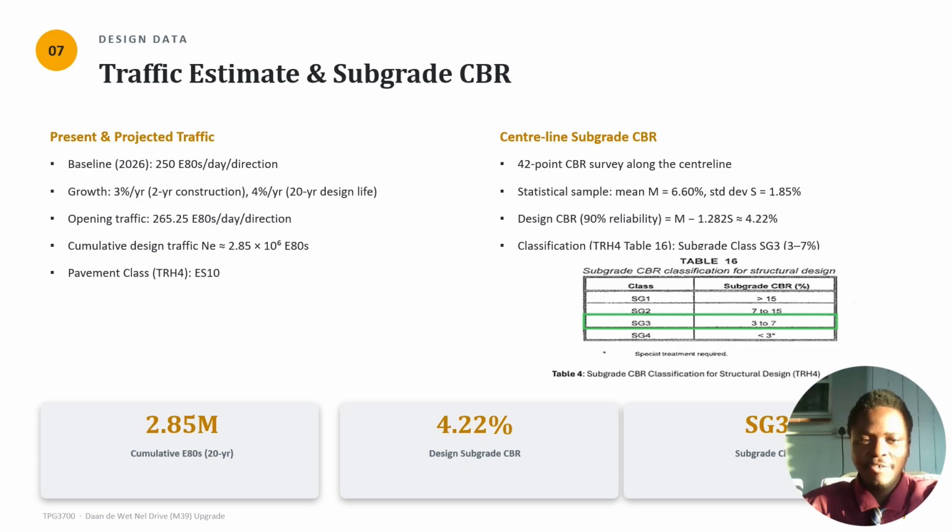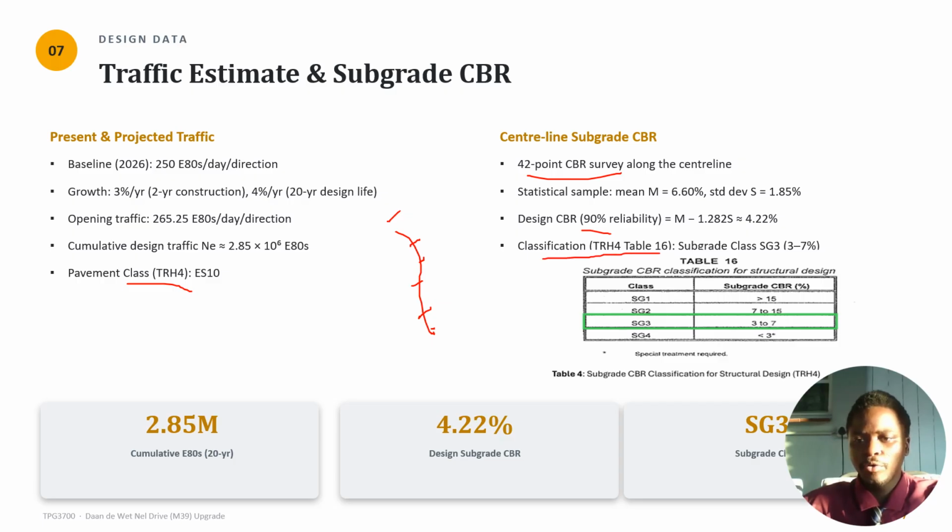The opening traffic starts from 265.25 E80s per direction, and the cumulative design traffic is approximately 2.85 million E80s, and this classification falls under TRH 4 for ES10. The 42 point centerline CBR survey was carried out. A statistical sample mean shows 6.6 and standard deviation 1.8, and the CBR shows a 90% reliability.